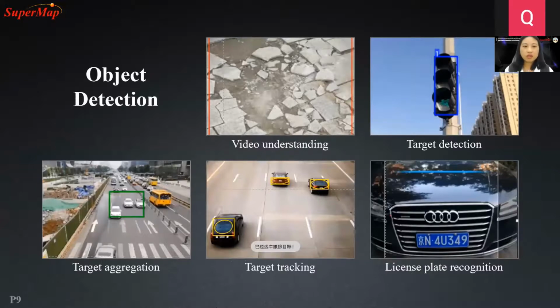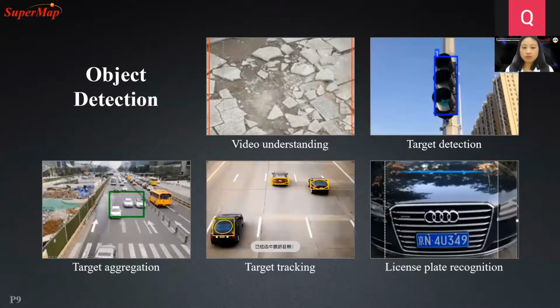With the AR and AI, we can achieve object detection, and it includes these 5 main aspects. Firstly is video understanding, which can detect some complicated surfaces, such as the broken road or the manhole cover and others. And the second application is target detection.